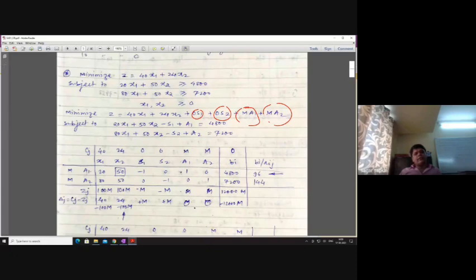Now find out the Zj value. What is Zj? 20 into M plus 80 into M, so it will be 100 M. The coefficient of A1 in the objective function is M, which is why it is written as M. That M is a very big M. While solving the problem or understanding it, even if it looks like a different symbol, it is M, a very big M. Did you understand how Zj comes? Yes, sir. Similarly, 50M plus 50M is equal to 100 M. -1 into M plus 0 into M will be -M, and so on.